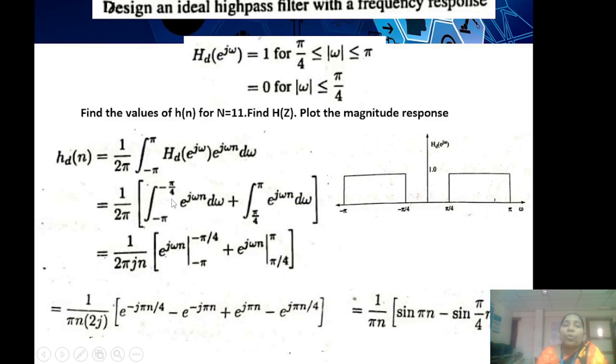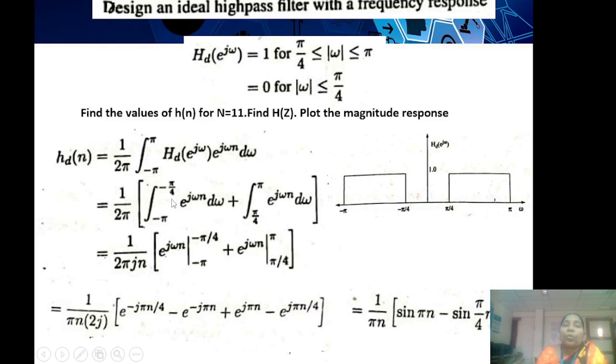If you apply L'Hospital's rule in both places, we get limit n tends to 0 of sine pi n by pi n is 1, minus limit n tends to 0 of sine pi by 4 n by pi n is 1 by 4. So 1 minus 1 by 4, that is 1 minus 0.25, gives 0.75 for n equal to 0.